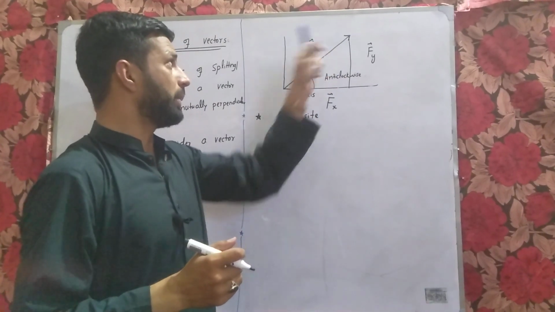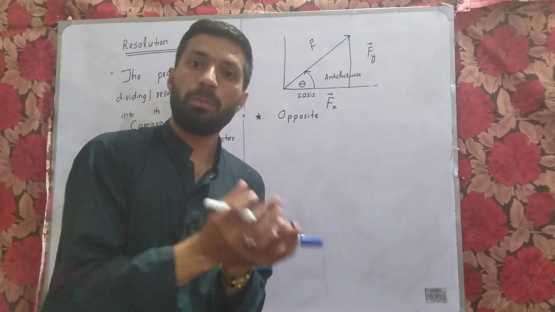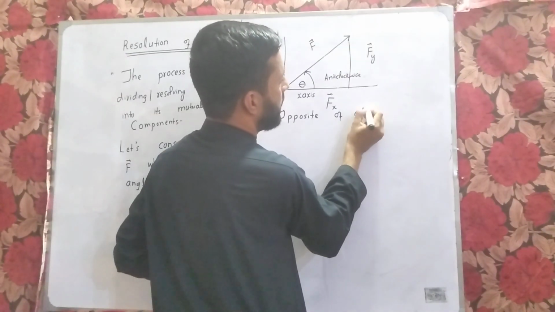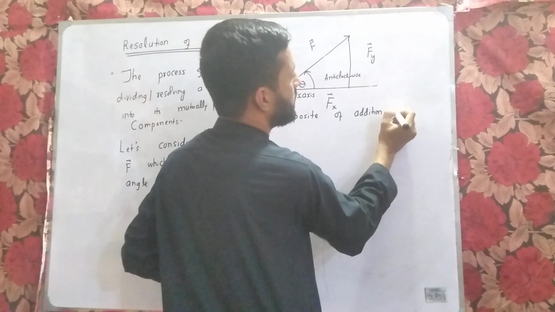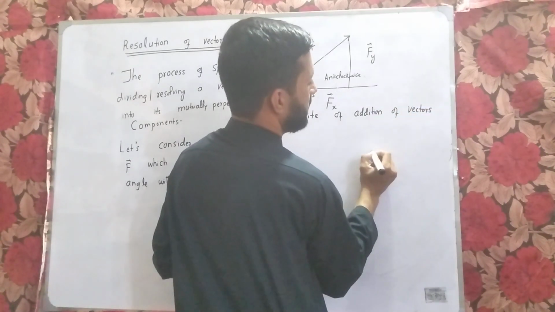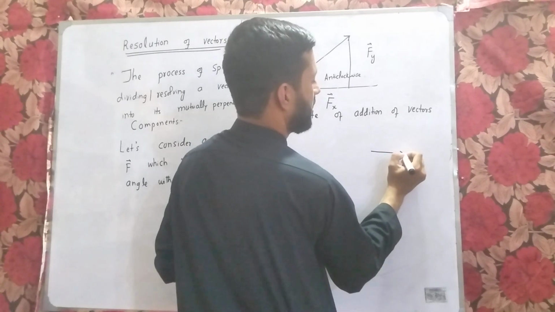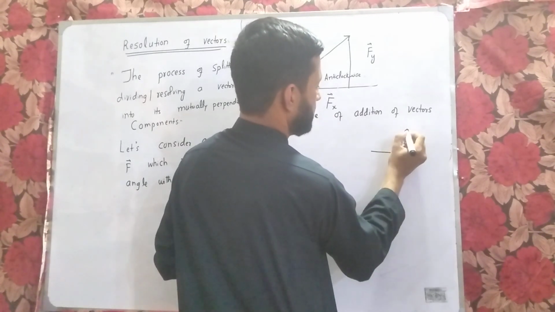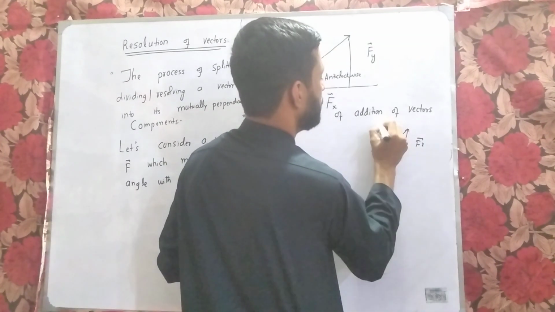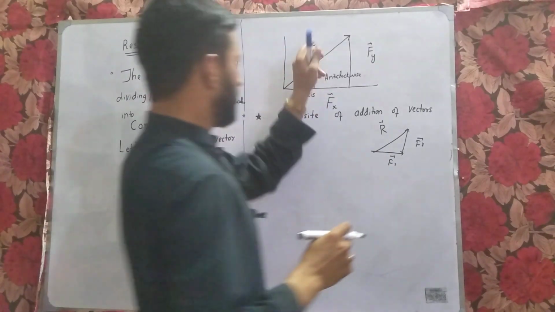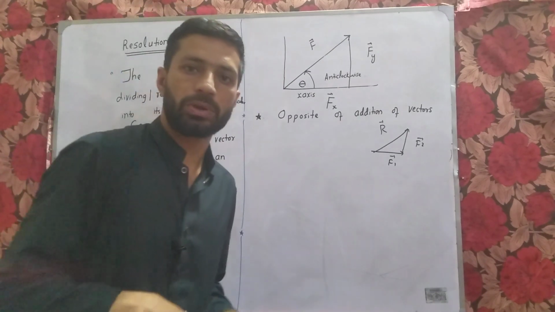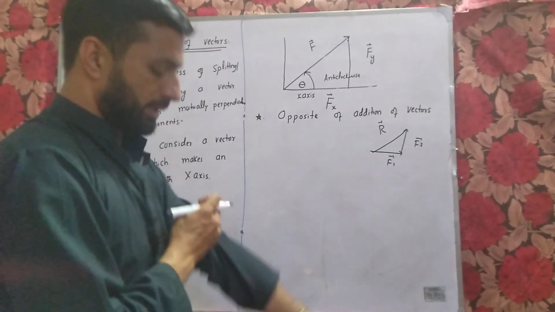Here we divide a vector to get components. Like this is the first vector f1, this is f2, and this is the resultant r. Here we divide the resultant r into its components. So this is the opposite of that.